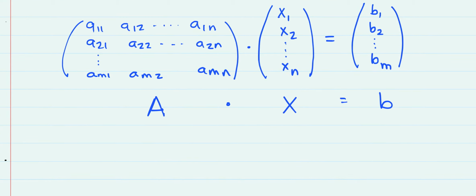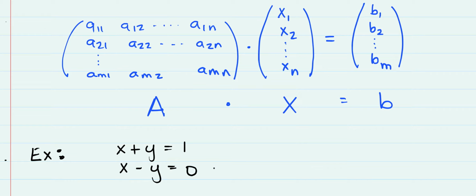So let's look at a quick example. Let's say we have x plus y is 1 and x minus y is 0. So here my coefficients are 1, 1, and 1, negative 1.